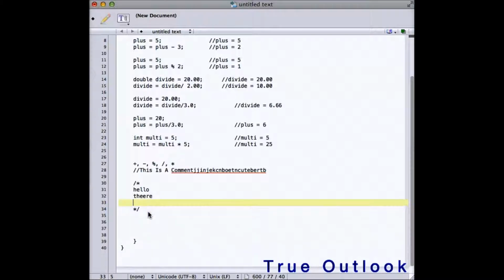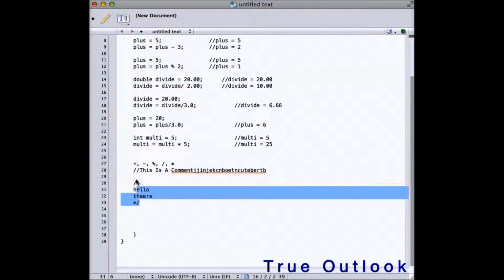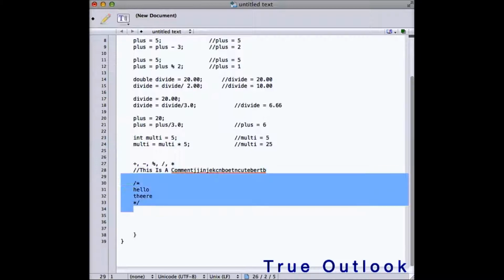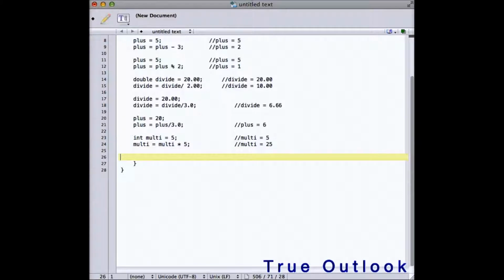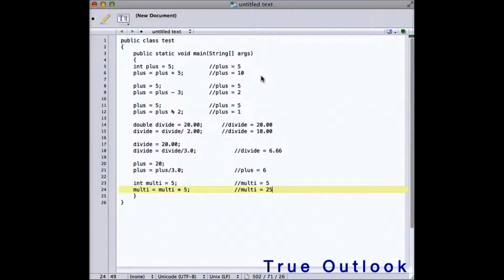Multiple line comments, these will not be compiled, and neither will this. It's always good to have comments so you know what you're doing. You don't really need them when you're starting the actual program, but if you come back to it in another month or a week, you're going to really be thanking yourself for those comments. Just a quick check to make sure everything's right. Yes, yes, yes, yes. Good. There we go, that should compile nicely.